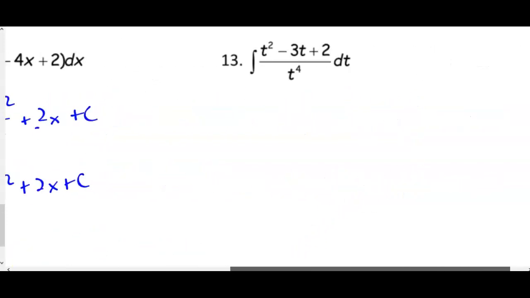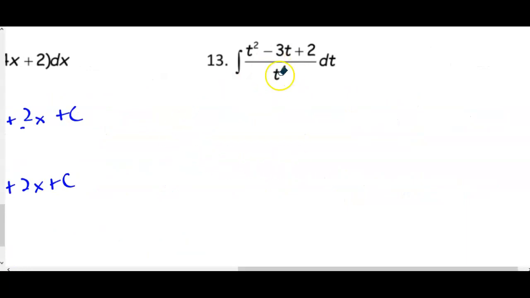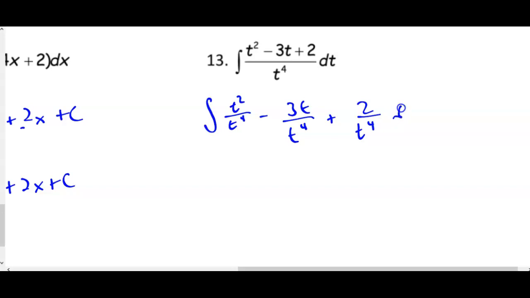And then let's do this one right here. When you have this, guys, just separate it. So you've got t squared over t to the fourth minus 3t over t to the fourth plus 2 over t to the fourth, dt. Then I'm going to simplify that even more. Let's just do 2 minus 4 up here.